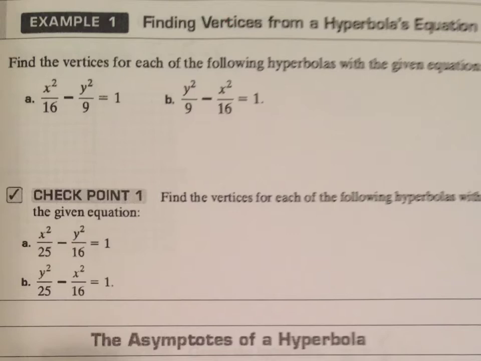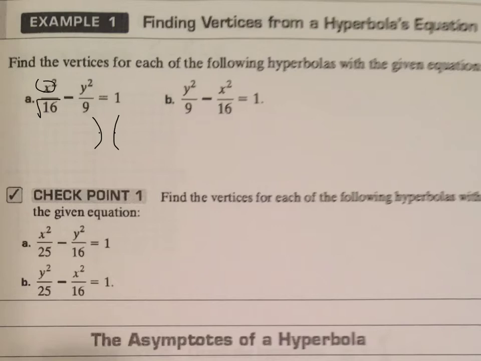Alright, so it says finding vertices from a hyperbola's equation. Here are our two equations, a and b. We need to find the vertices for each. In the first one we see that we've got x squared written first, so I know that it's going to be a horizontal hyperbola. So it would look like this, and we take the square root of this number to find out where the vertices are, and it's going to go in the x position because the x is written first.